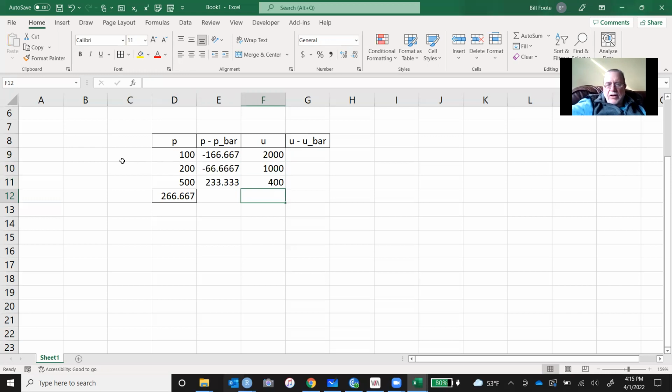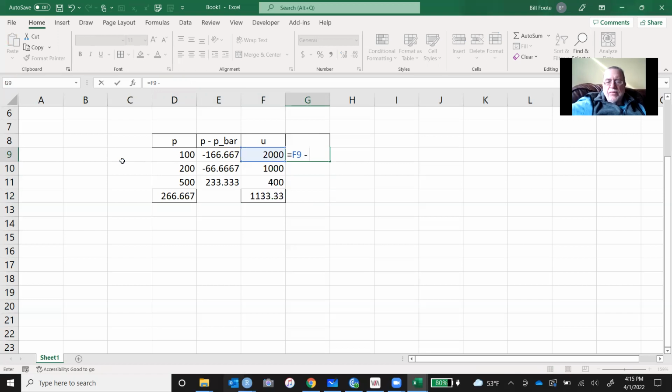And if we copy and paste this over, that is the average units sold. Create the deviations. I'm doing this for a couple of reasons. One is to simply use Excel as a calculator, really.